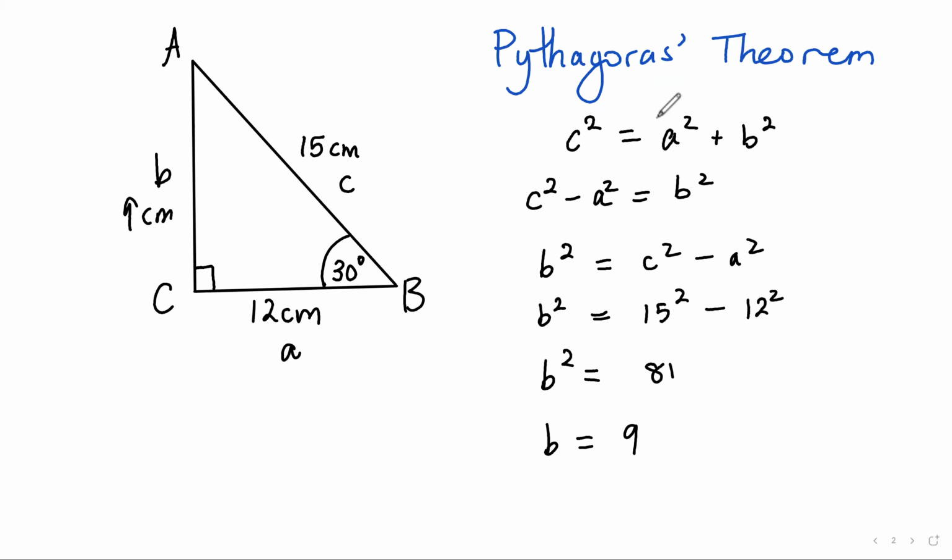And you can manipulate that formula to find any of the three sides in a right-angled triangle once you have two sides. So if you have the two sides and you need to find the hypotenuse, you will simply square them and add them, and then take the square root. But if you had to find one of the other sides, like in this one, where we needed to find b squared, we would have to say the hypotenuse squared minus the square of the other side, right?